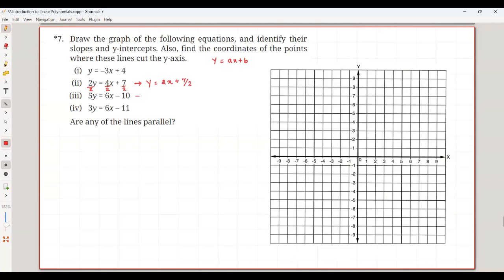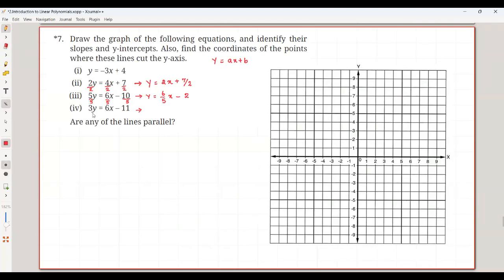Now the third equation, here 5y is there. So I have to just divide by 5. Here also just divide by 5. Now this equation will become y is equal to 6 by 5x minus 10 by 5 is 2. Now in the fourth equation we have 3y.